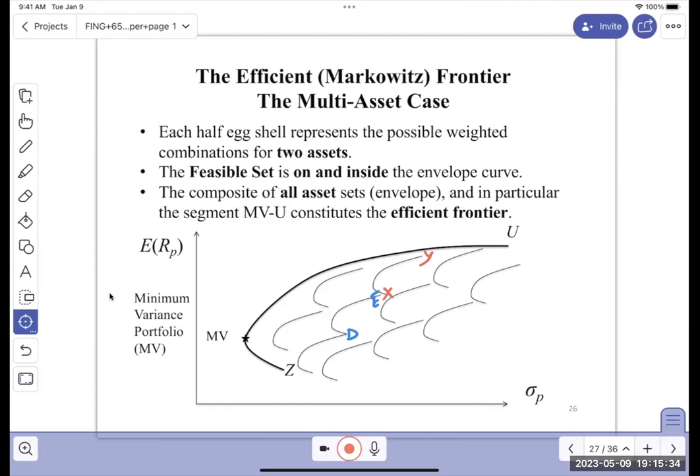What is our goal? What is it that we want to do? We want to reduce risk, so we want to move left, and we also want to increase return. So given all these combinations, it looks like the best set of assets would be, if that's all the possible assets and I consider them two at a time, then the best combination of them would be on the outer edge of all of them.